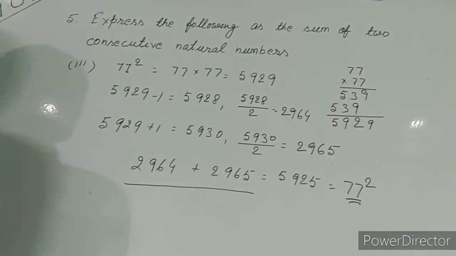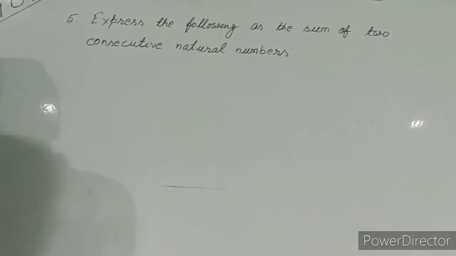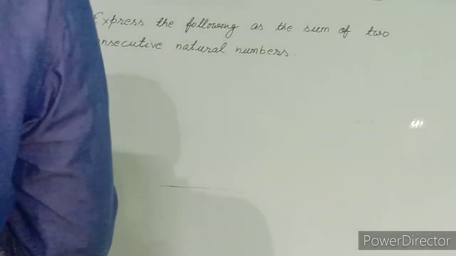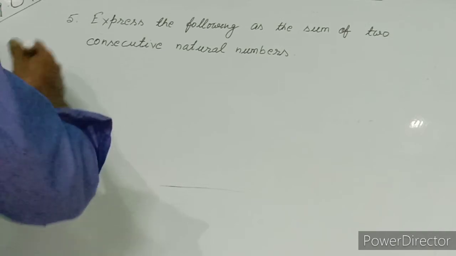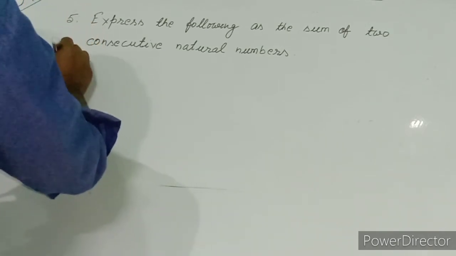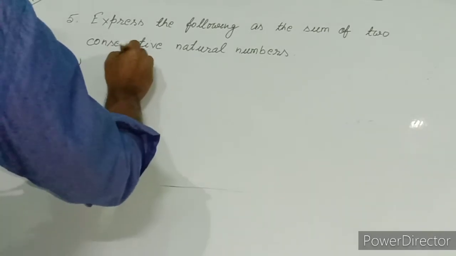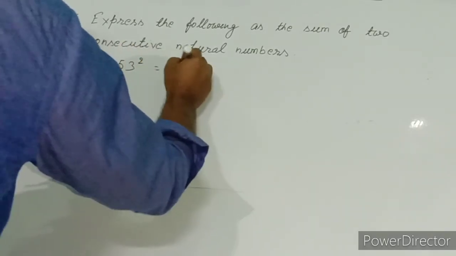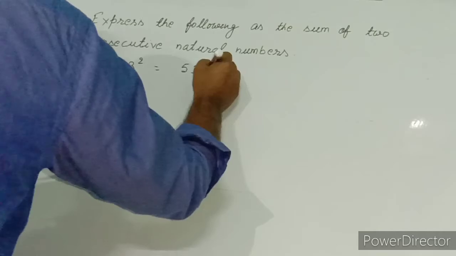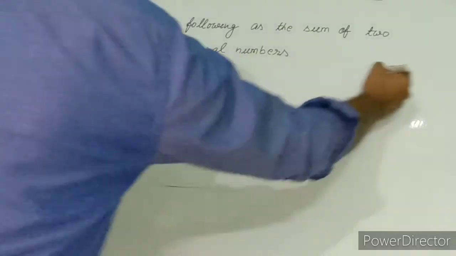One more question. Suppose I am taking question number 7, that is 53 square. It means we will multiply 53 twice, 53 into 53.